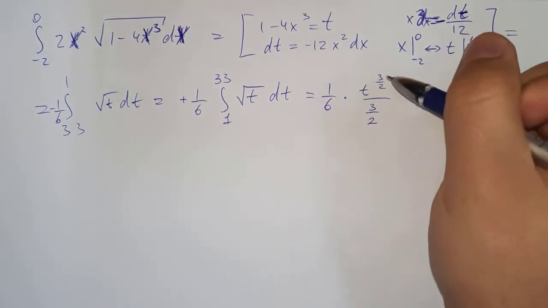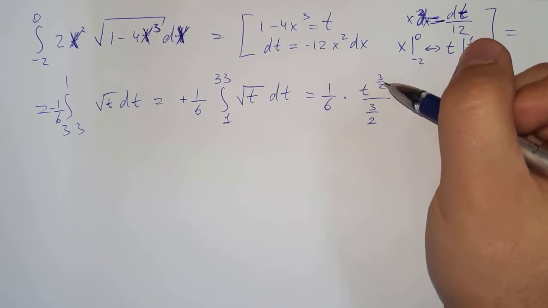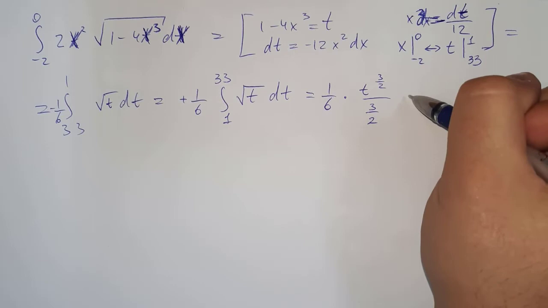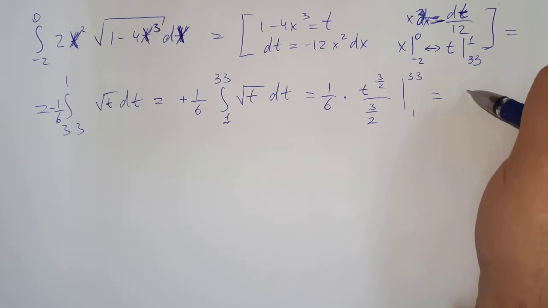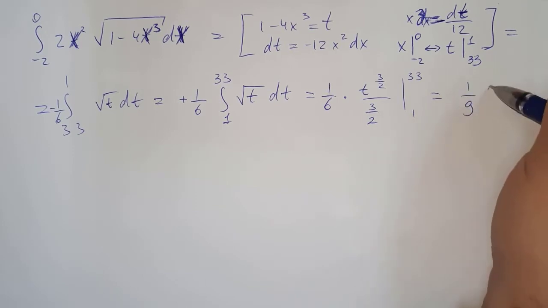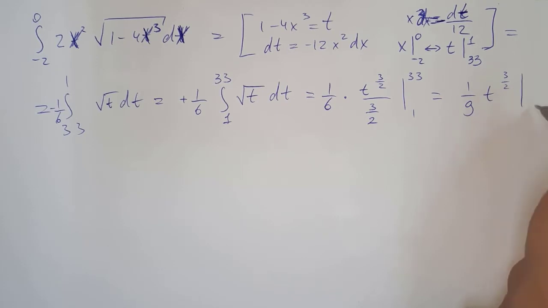So it will be now 1 over 9, and the integral in interval 1 to 33. So 1 over 9 t to the power 3 over 2 from 1 till 33.